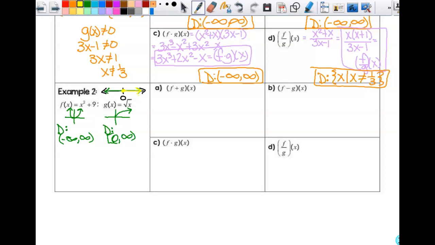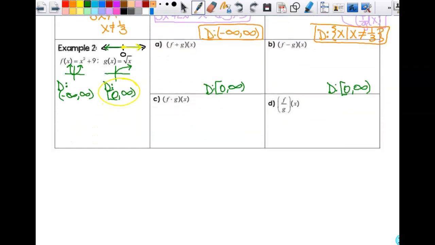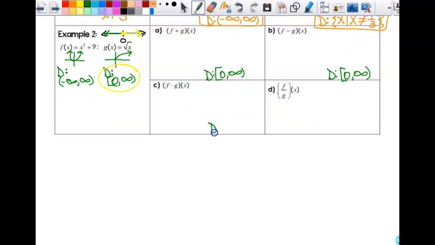That's literally what we're doing here. Where do they overlap? Right there. So for these first three, I know that my domain is 0 to infinity. And the fourth one we're going to have to revisit in just a second once we get there.